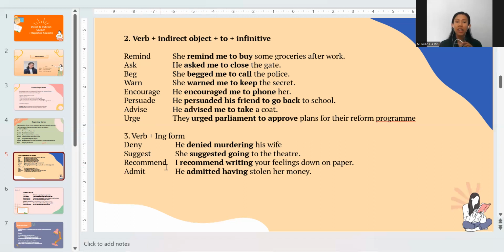Then recommend: I recommend writing your feelings down on paper. And then admit: he admitted having stolen her money. So "denied murdering," "suggested going," "recommend writing," and "admitted having" belong to verb plus -ing form.